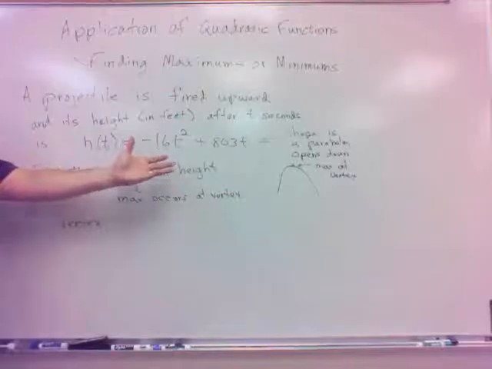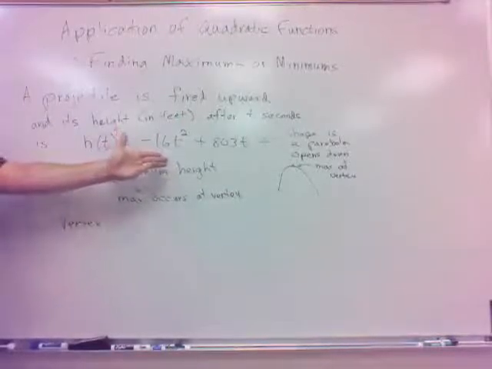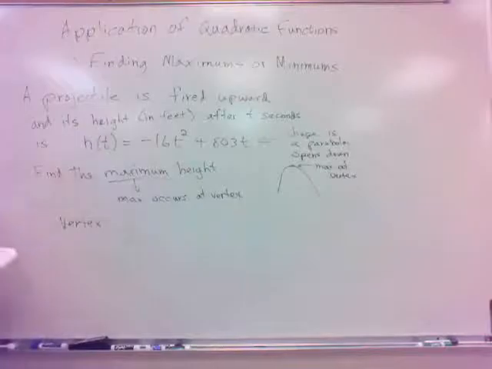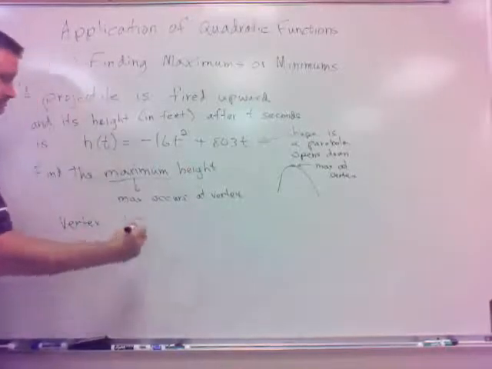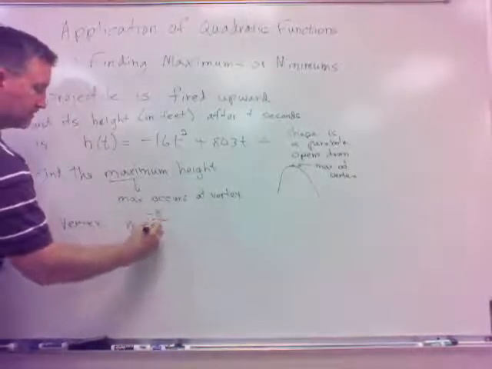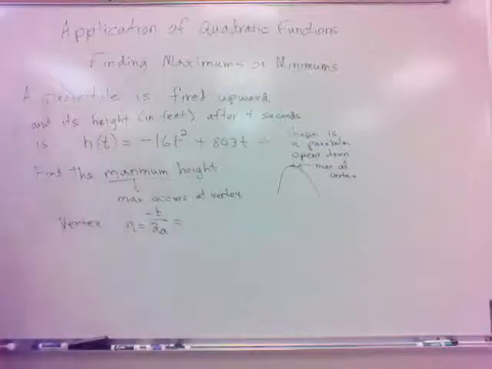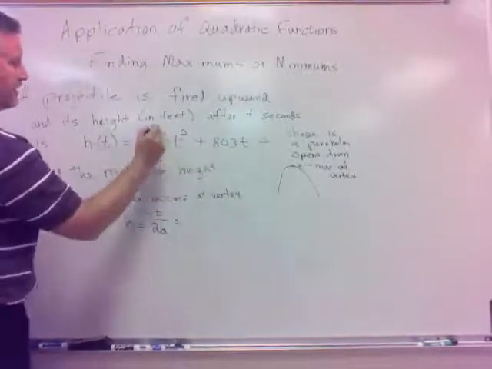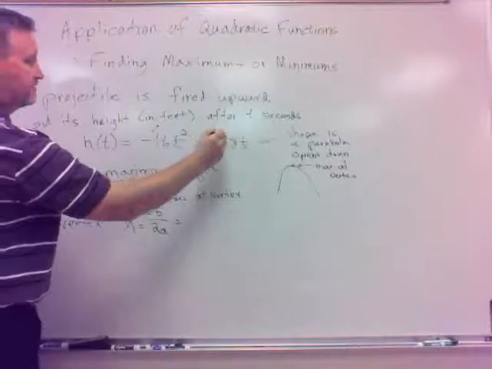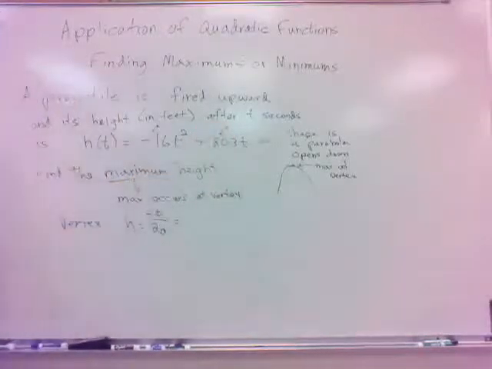One way to do it is use a little formula. The h of the vertex equals negative b over 2a. So I'm going to use that formula. Now this one, I don't have a c, but I've got a is negative 16, what's times the squared term, and b is what's times the t.